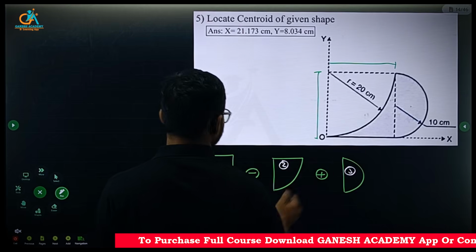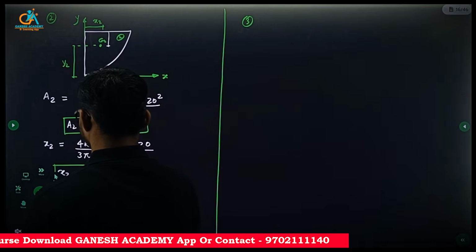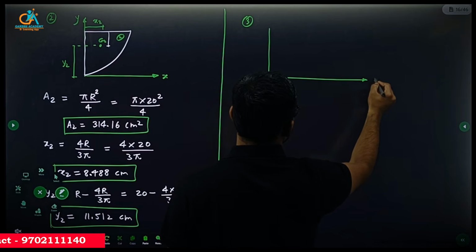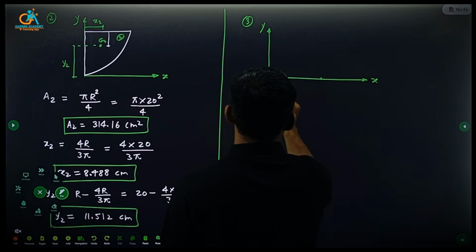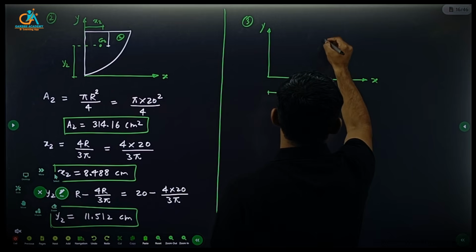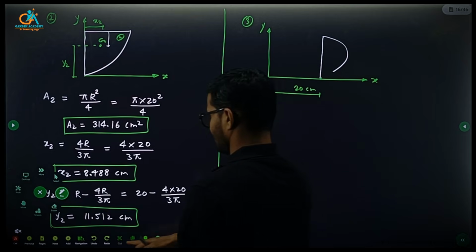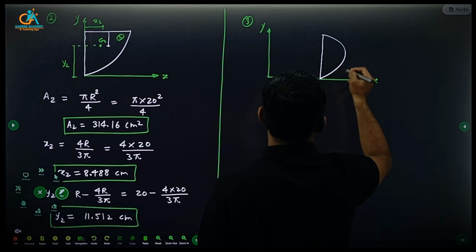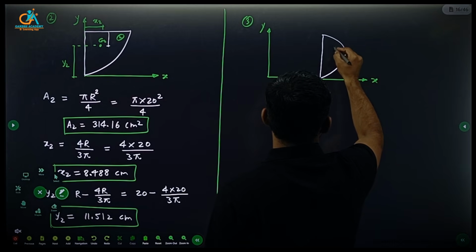But it is at 20 centimeter from the origin. The centroid is here somewhere, G3.